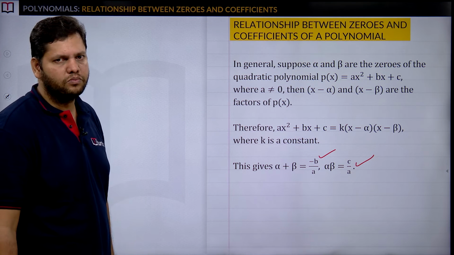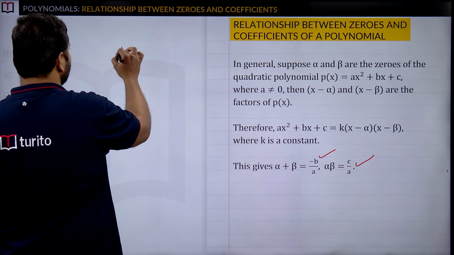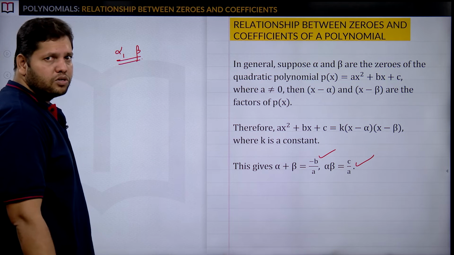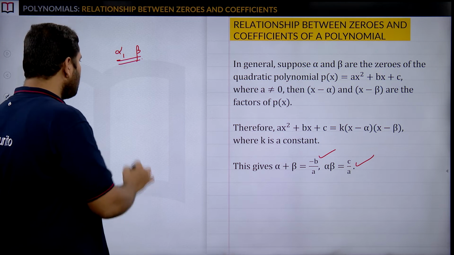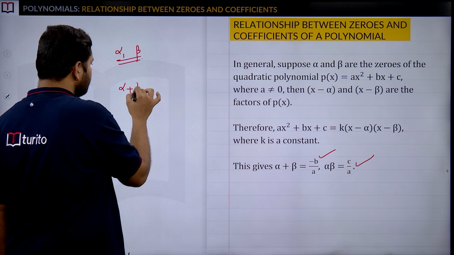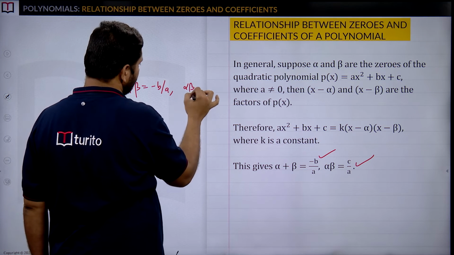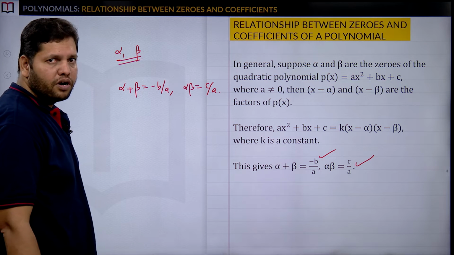Okay, fine. Children, there is one more formula. If you know alpha and beta are the two zeros of the polynomial, and you know the alpha plus beta value, that is minus b by a, and the alpha into beta value, that is c by a, then how can we form the quadratic polynomial?